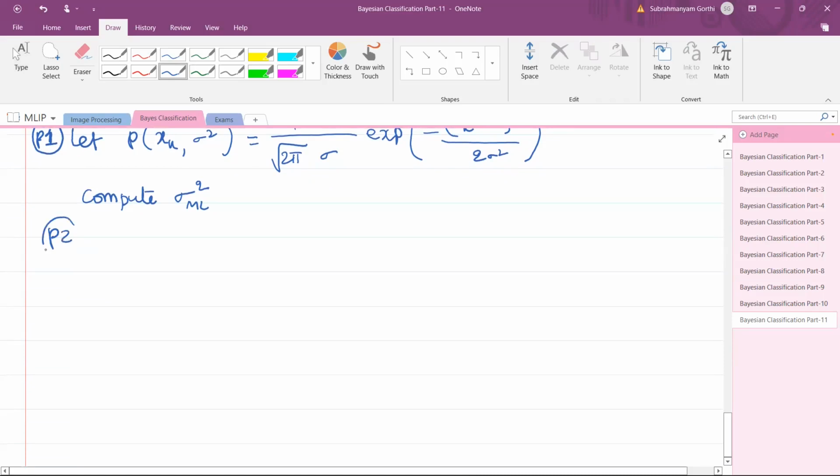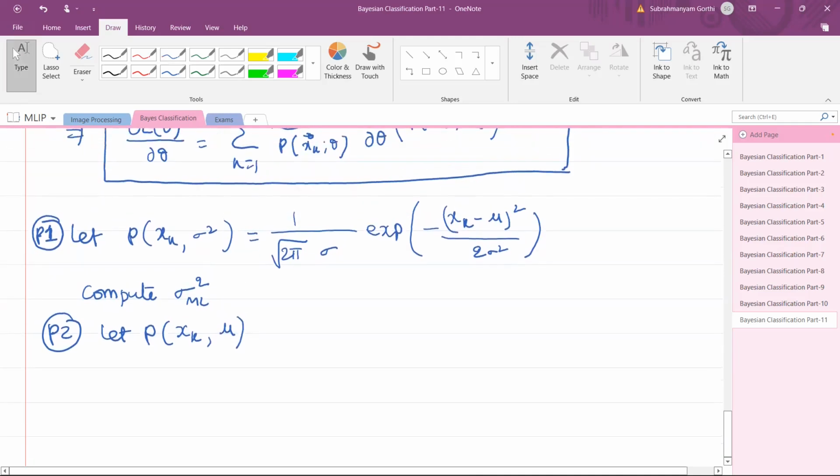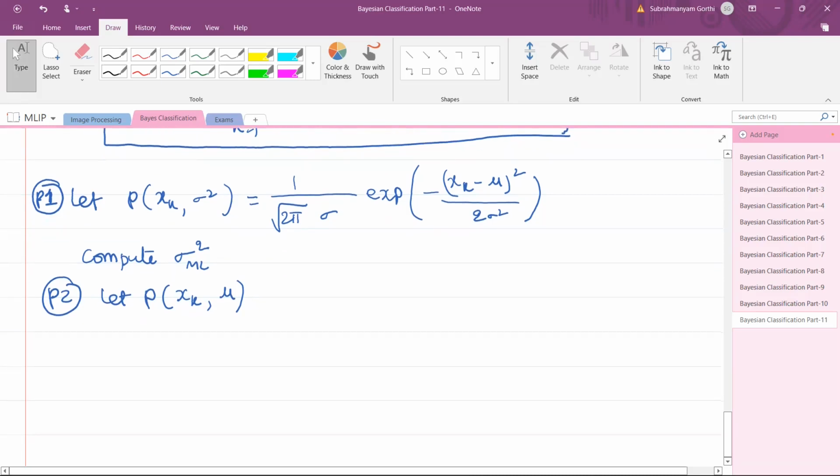The second problem is, now assume that you know the variance, but you do not know the mean value. In the first problem, consider mu as constant, so you don't have to worry about its derivative. Now in the second problem, you consider sigma as constant.